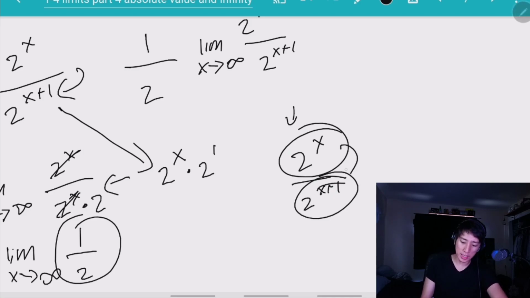The difference between these two is only by a factor of 2. This one's always just going to be 2 times larger. You can always simplify it.